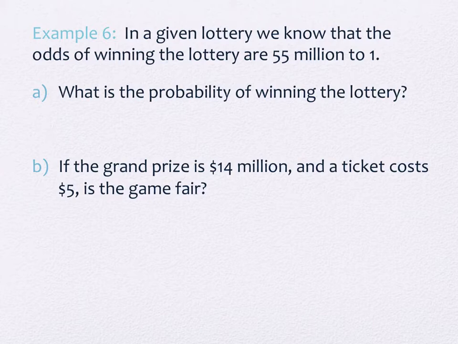So we're going to look at the way that they describe the lottery as well, because this is another place where you hear people talk about odds. In a given lottery, we know that the odds of winning are 55 million to 1. Also, the lottery is not a raffle. I think that's a misnomer sometimes people have. Somebody has to win? No, nobody has to win the lottery. The lottery is choosing a bunch of numbers, and nobody has to choose the right numbers.